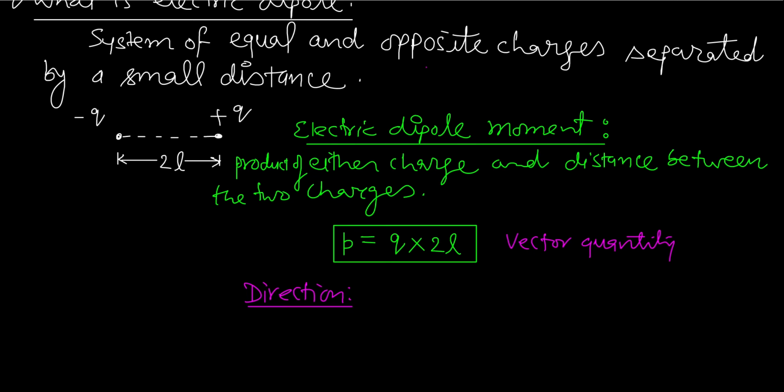Electric field lines always originate from the positive charge and terminate at the negative charge, but the electric dipole moment direction is contrary to that. So for this dipole in the diagram, the electric field will be from plus q to minus q charge.